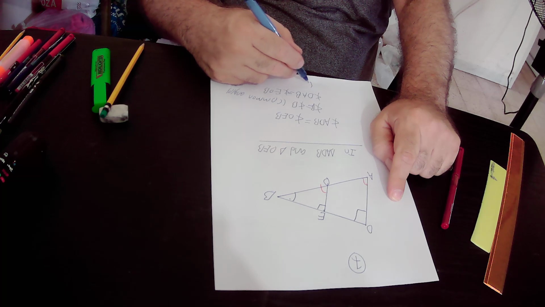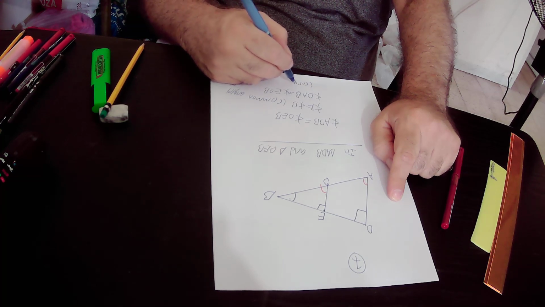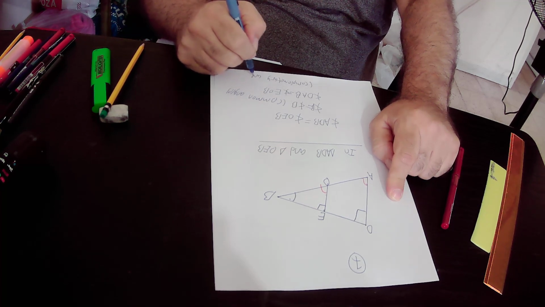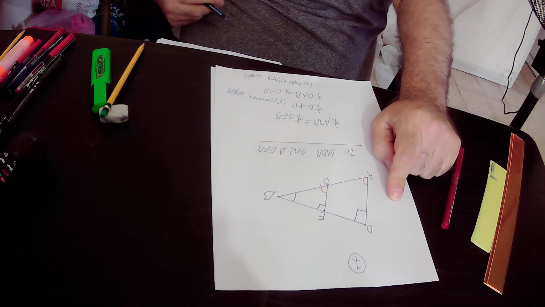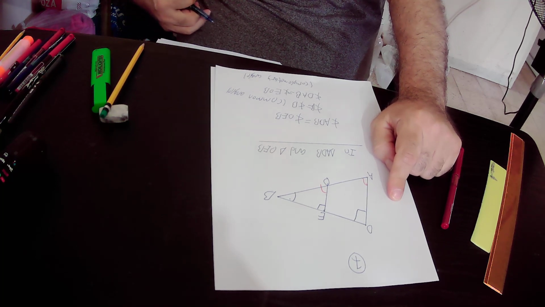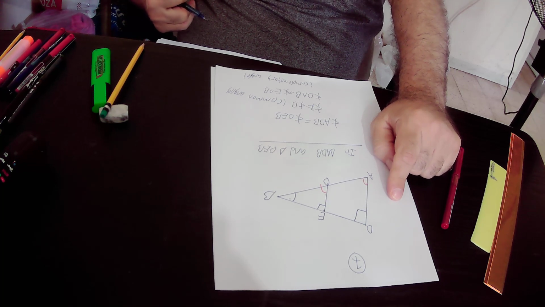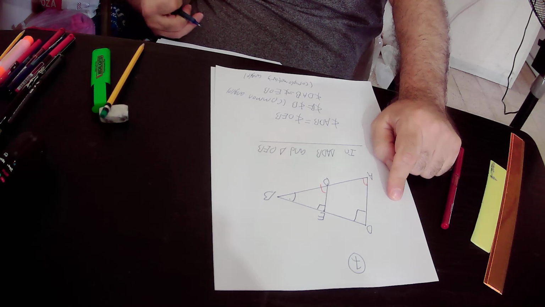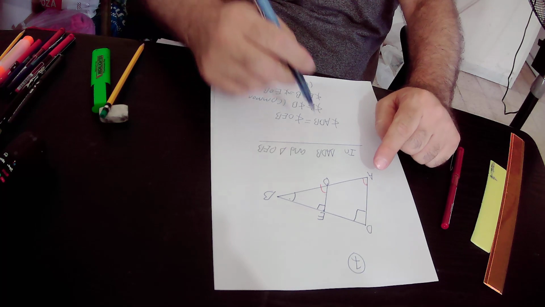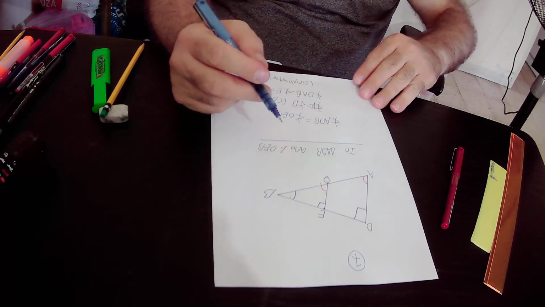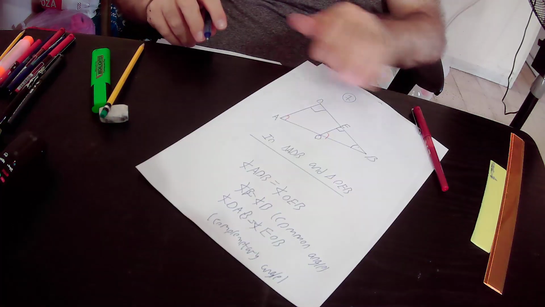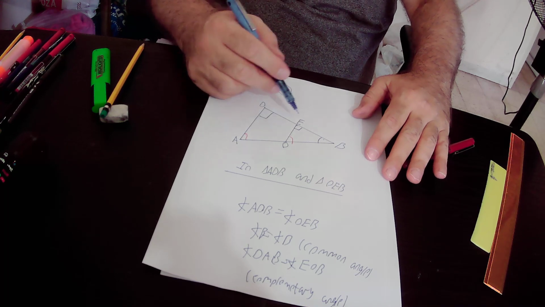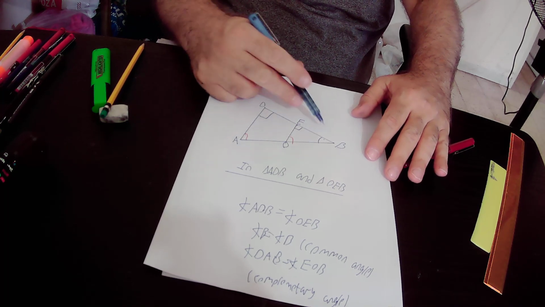Okay, so because it is a complementary angle. Again, if you have two triangles that have two equal angles, then the third angle also must be equal in both triangles, because it completes the sum of the angles to 180 degrees. So those two angles are also equal to each other. Therefore, we have three angles in the big triangle, triangle ADB, that are equal to three angles in the small triangle, triangle OEB.